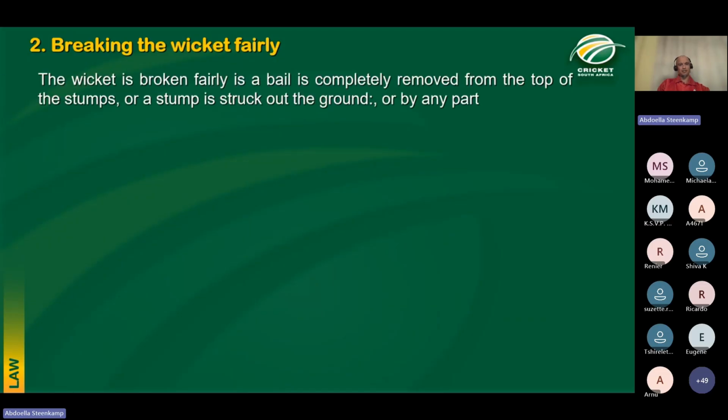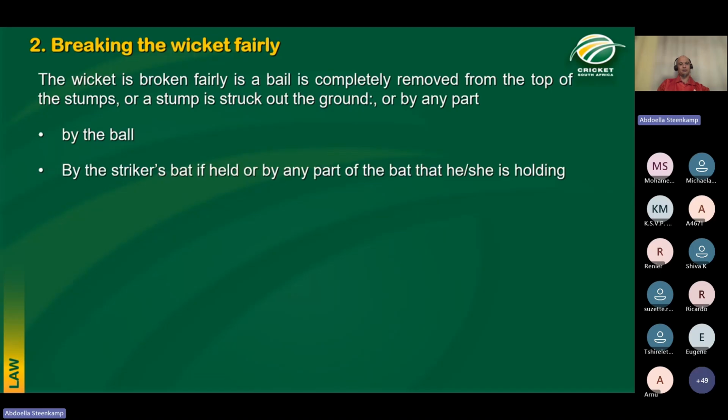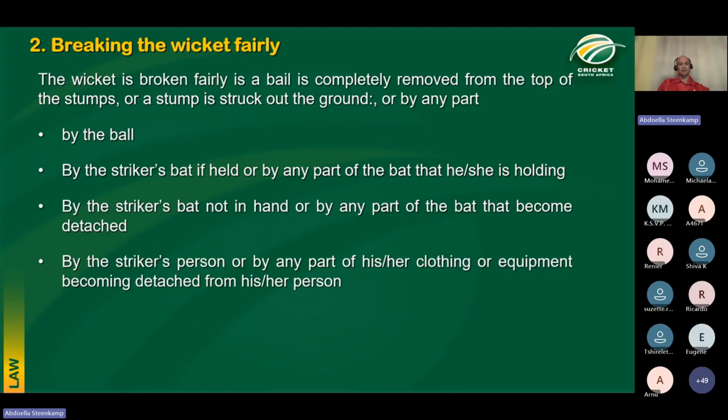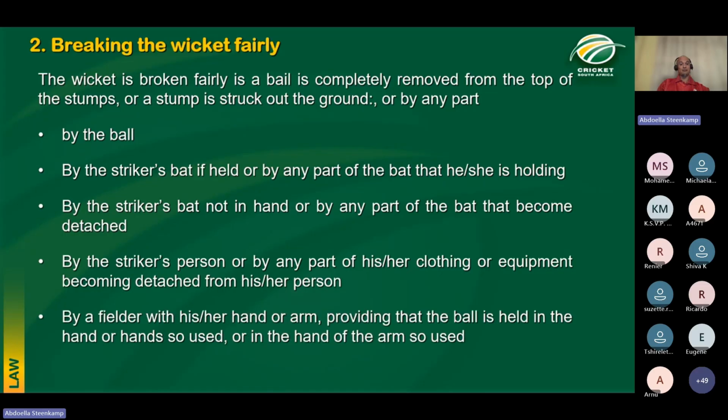The wicket is broken fairly if a bail is completely removed from the top of the stump, or a stump is struck out of the ground by the ball, by the striker's bat if held, or any part of the bat that he or she is holding, by the striker's bat not in hand, or any part of the bat that became detached, by the striker's person or any part of his or her clothing or equipment, by a fielder with his or her hand or arm, providing that the ball is held in the hand or hand so used. If a fielder strikes or pulls a stump out of the ground.